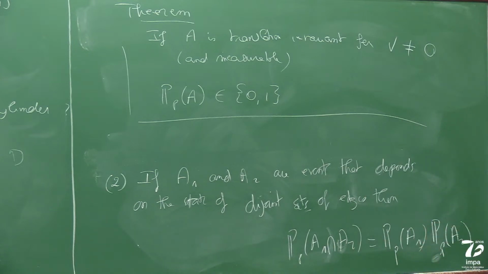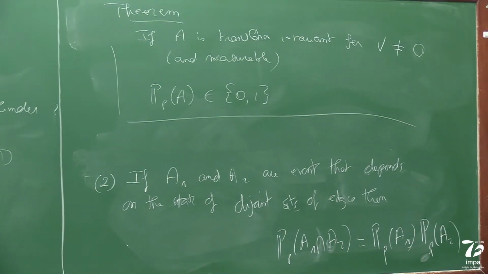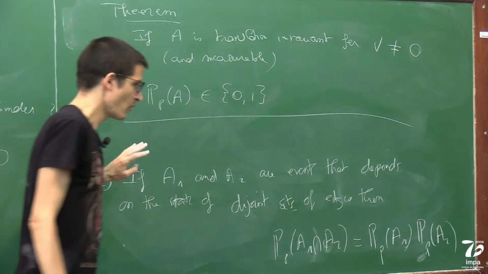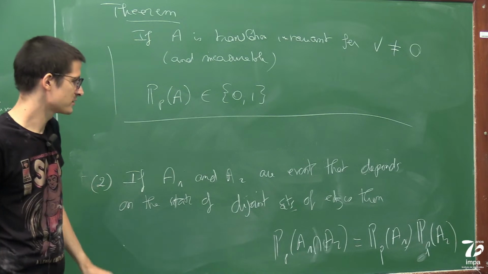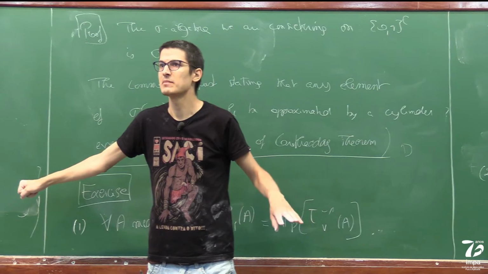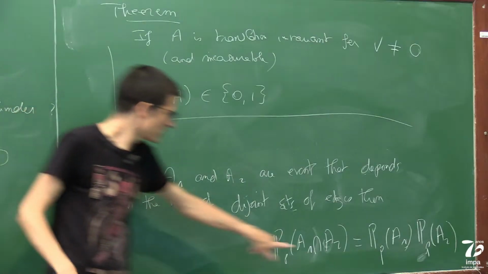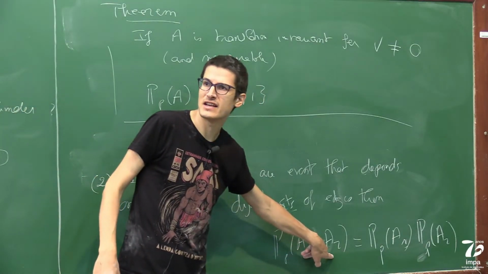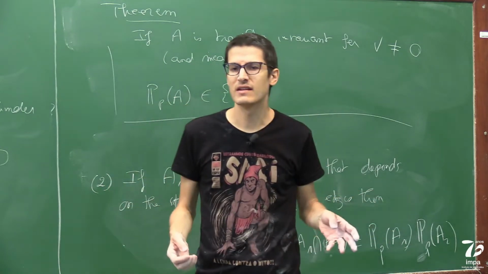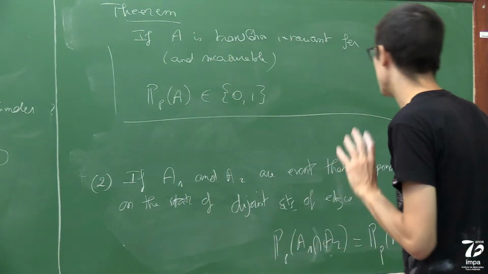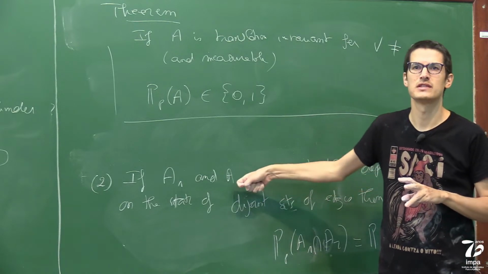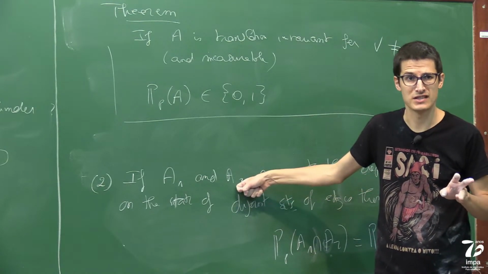So somehow this is kind of easy if A1 and A2 are cylinder events, because in that case this is something that depends on finitely many edges. But it turns out that when I did percolation on the tree, I used this also in the case where one of the events depends on infinitely many edges.